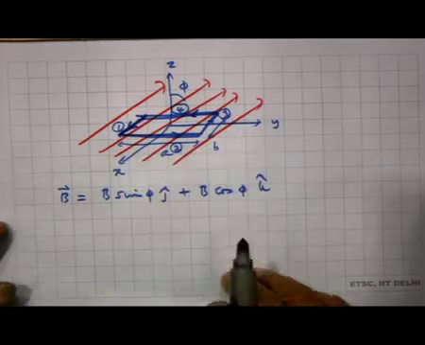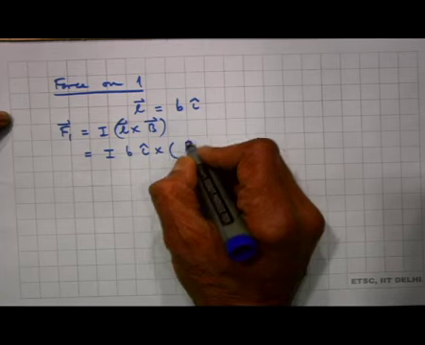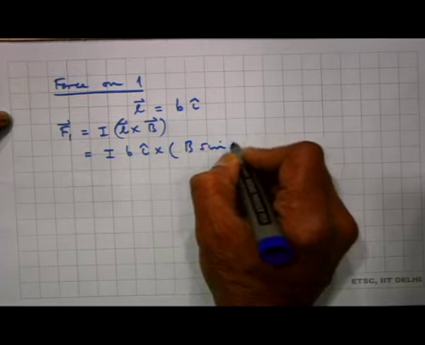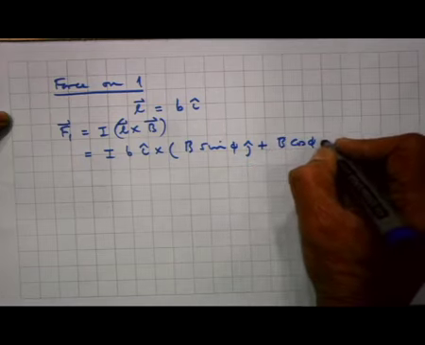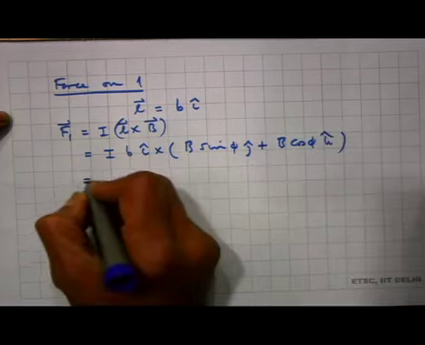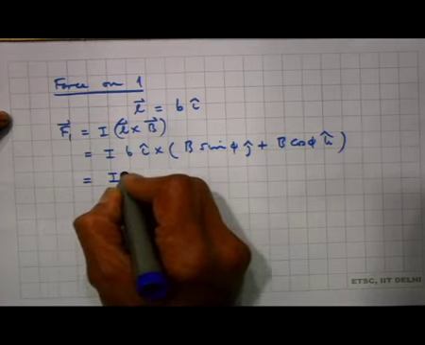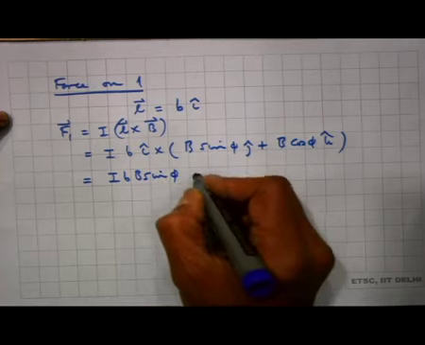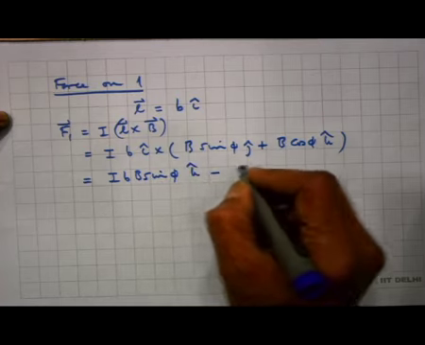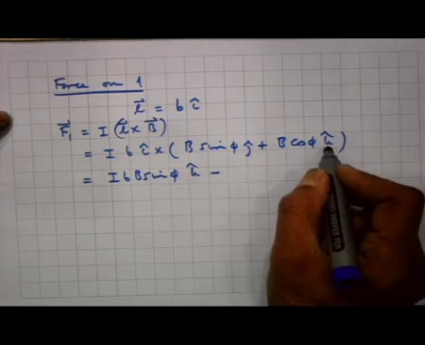So, force F 1 will be equal to I L cross B, which is equal to I b i cap cross B sin phi j cap plus B cos phi k cap, which is equal to I b B sin phi, i cap cross j cap is k cap, and then I have i cap cross k cap is minus j cap.